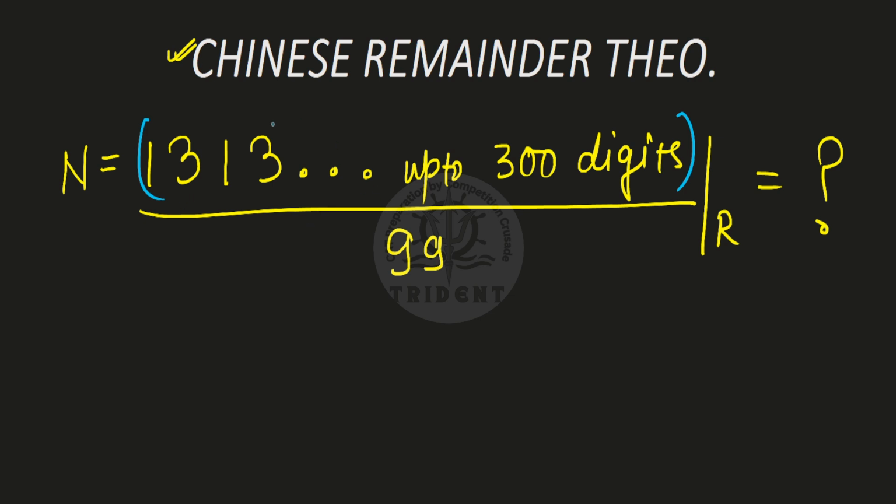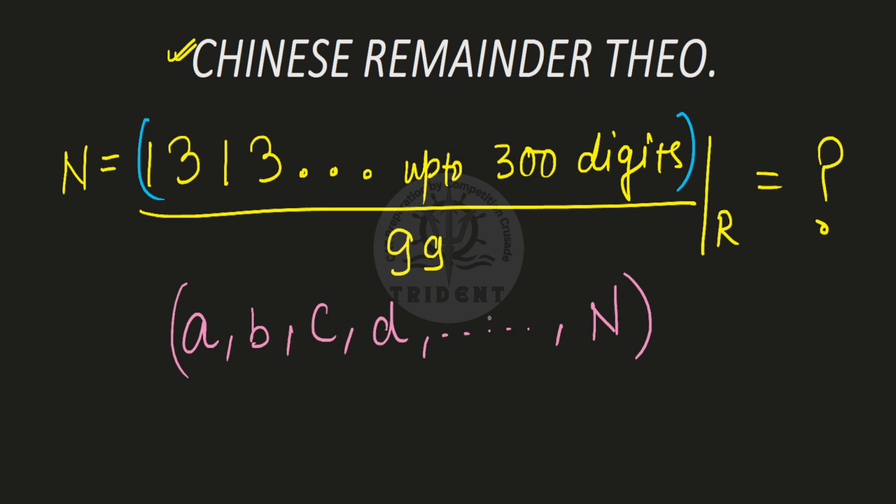So the idea of Chinese remainder theorem is that we are trying to reduce this number to some manageable number, and that reduction is done through a process of arithmetic progressions. So we are on the lookout for finding an arithmetic progressive series of numbers a, b, c, d, e, and after, let's say, a considerable length, you will find this number n also in that arithmetic progressive series.